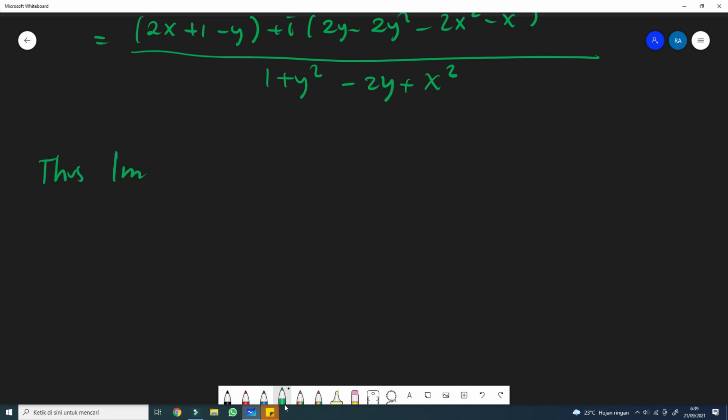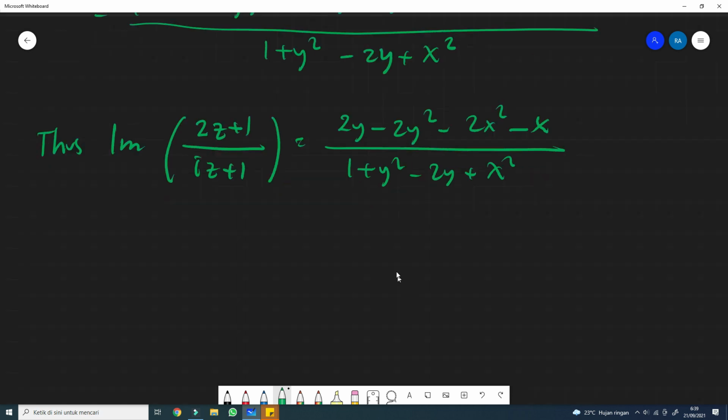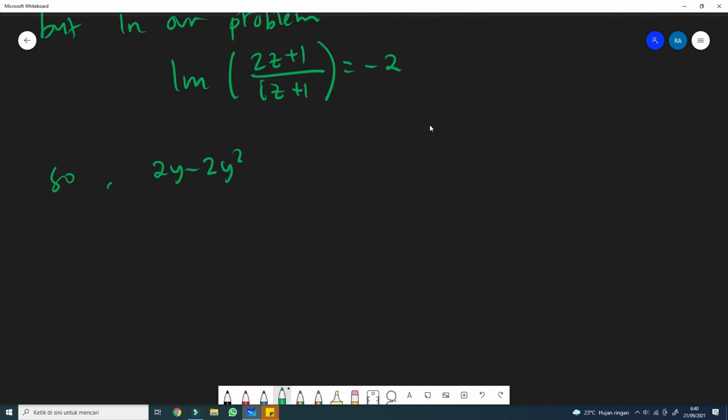And thus the imaginary part of (2z plus 1) over (iz plus 1) equals (2y minus 2y squared minus 2x squared minus x) over (1 plus y squared minus 2y plus x squared). But in our problem, the imaginary part equals minus 2. So the result now is like this.